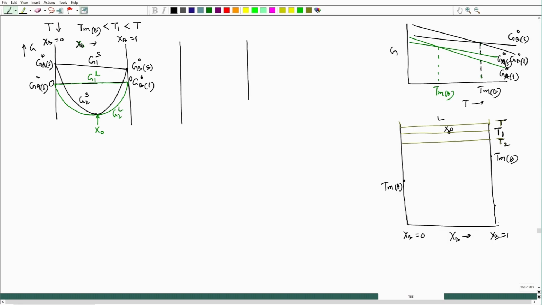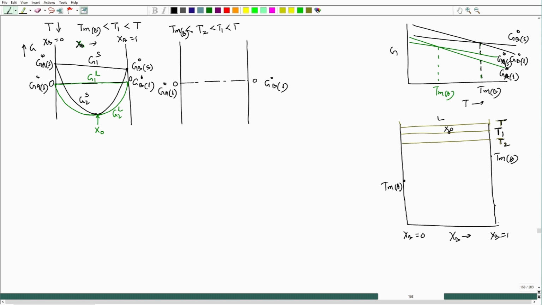Now, another plot I can have: 0, 0, G naught B liquid, G naught A liquid, which will have 0 assigned value, and this temperature is T2 less than T1 less than T greater than TMB.